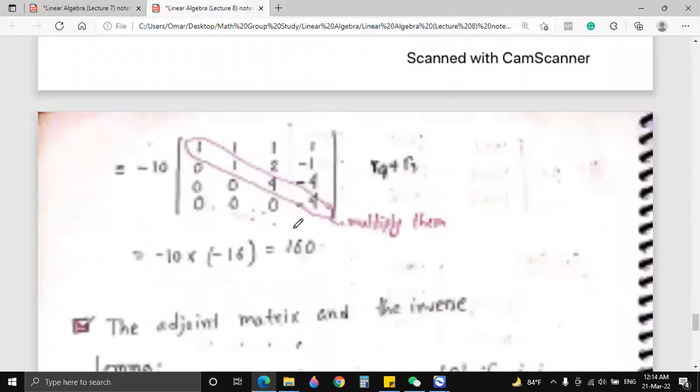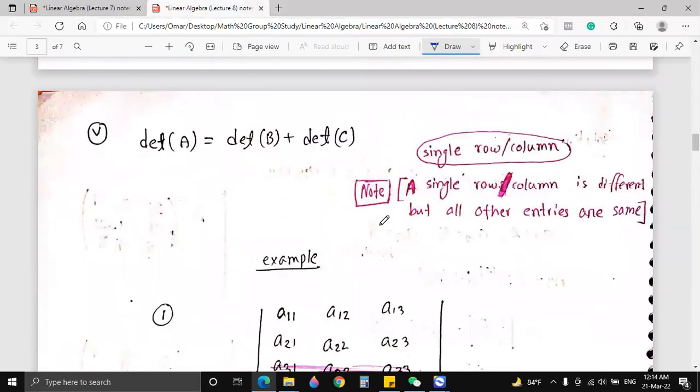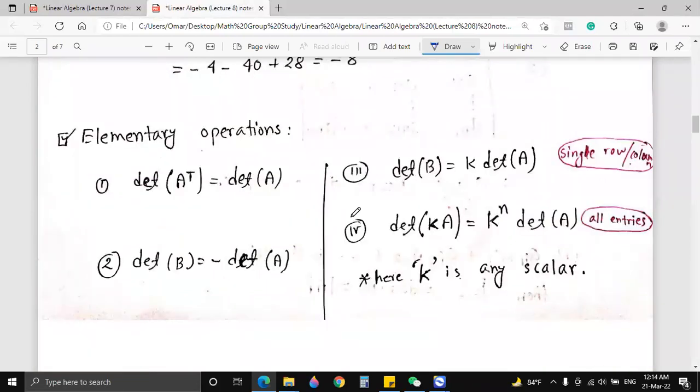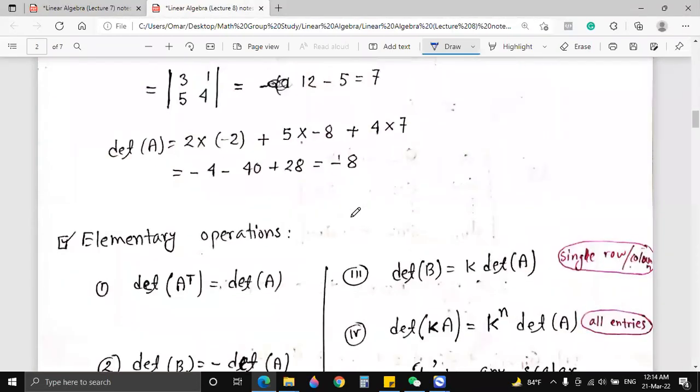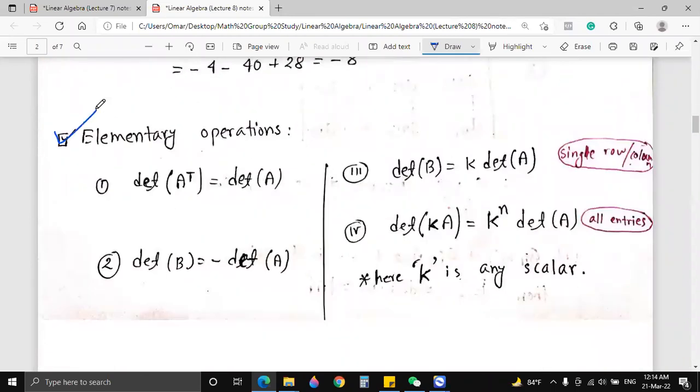Okay, let me discuss them. Single row or column operation. So down here we have some elementary operations, like a small formula.